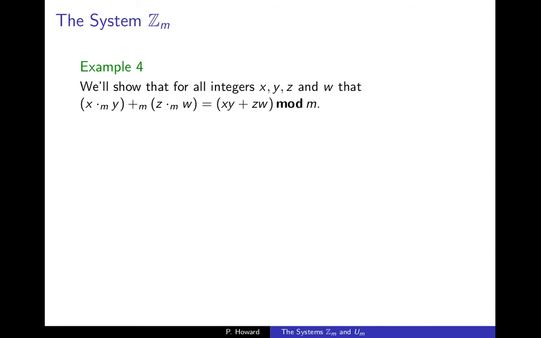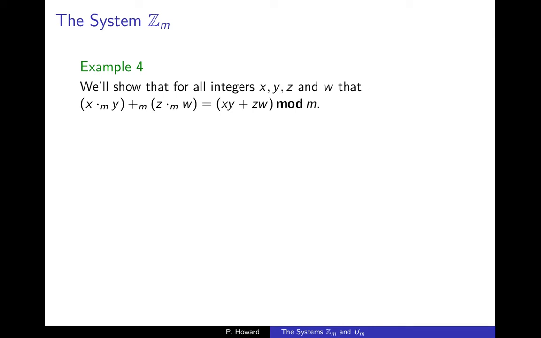Okay, so now here is sort of a theoretical example of how we might use the two lemmas and the definition of times sub M and plus sub M. So I want to argue that this equation holds for all integers x, y, z, and w, and we are assuming that m is an integer greater than or equal to 2 as usual.